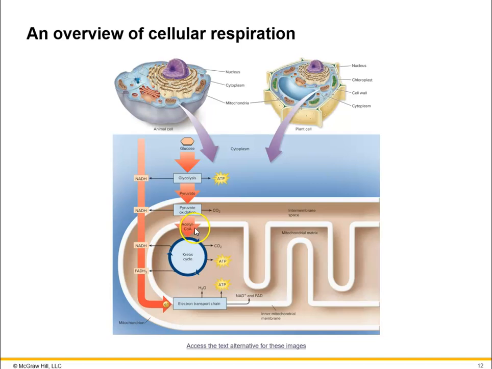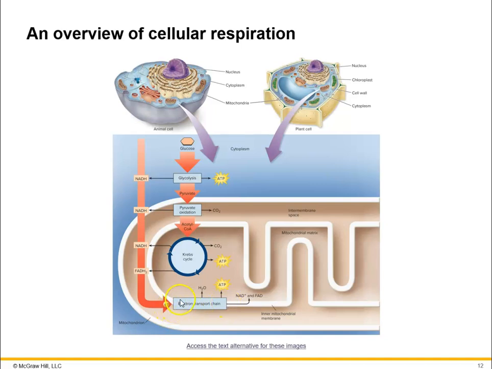Acetyl-CoA kicks off the Krebs cycle. We'll have byproducts of CO2 again from the cleaved off carbons, a little bit of ATP, and then the main goal of the Krebs cycle are electron donors, FADH2 and NADH. All of the electron donors made in this process are going to the electron transport chain to support that electron gradient.